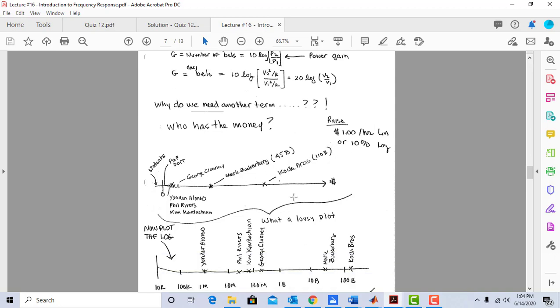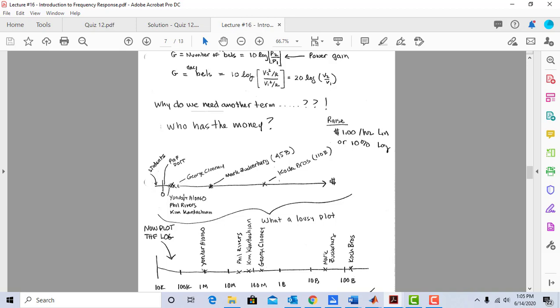And let's start with the Koch brothers. I think one of them is dead, so there's only one of them now. But they're worth actually a lot more than this, because this slide is a couple of years old. So the Koch brothers are worth about 110 billion. Zuckerberg, the Facebook guy, he's at about 45 billion. So I can definitely see that the Koch brothers have about twice as much money as Zuckerberg. Let's see, George Clooney, he's got some money, right?